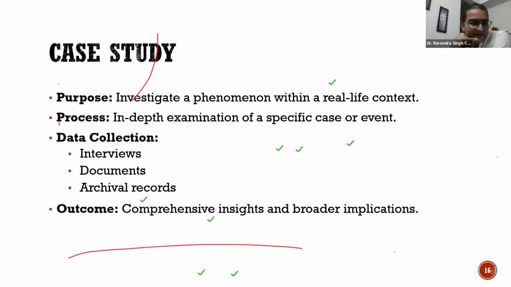Okay. If I have a theory which I want to prove, then first I will have to make a qualitative study? No. If you want to develop a theory, then you have to go for grounded theory. But in case the theory already exists, then you can integrate it with a qualitative study. I'll show you how to do that. Okay.